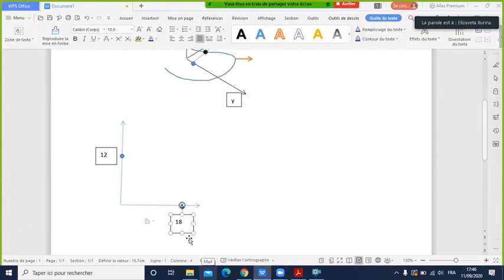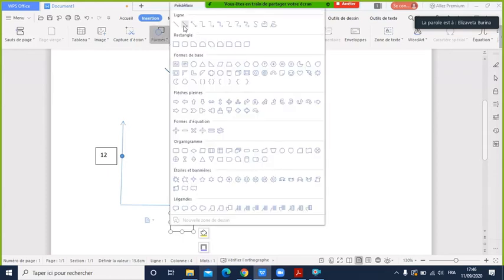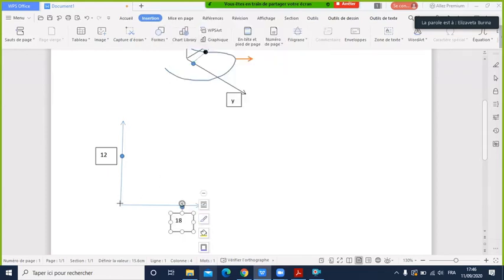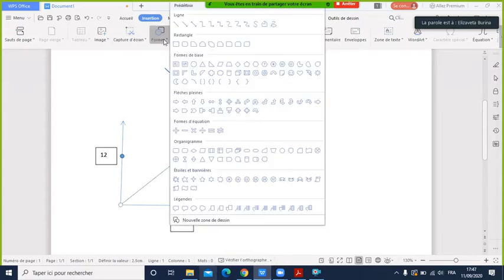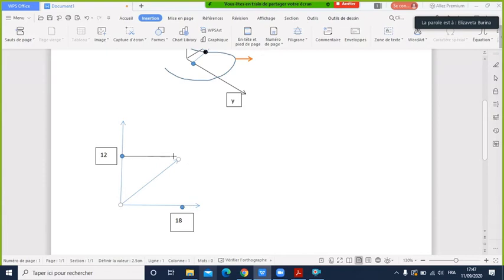Perfect. How does the vector go? Well, this is something from high school. The vector will be up like that. So these two coordinates are pretty much the coordinates of the end of this vector.